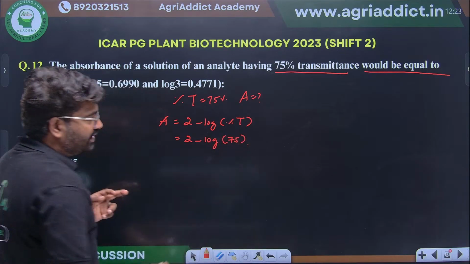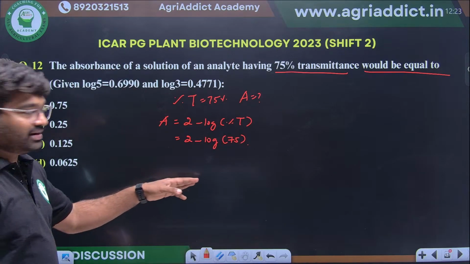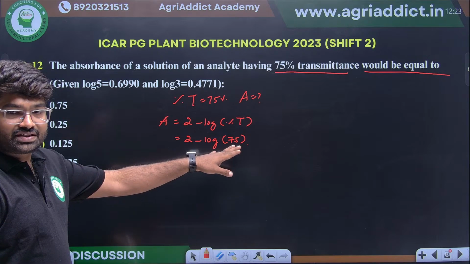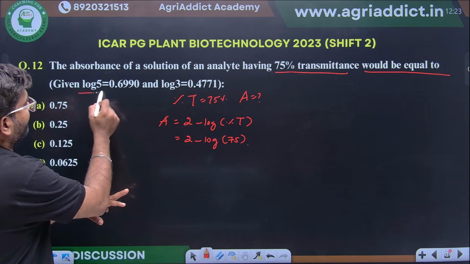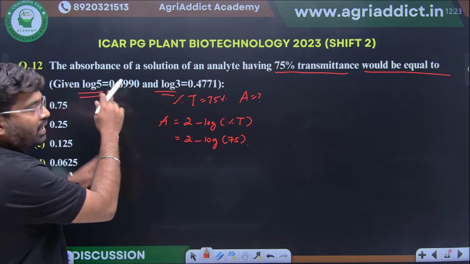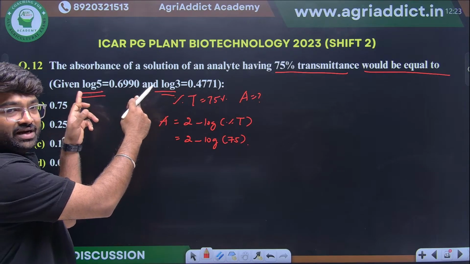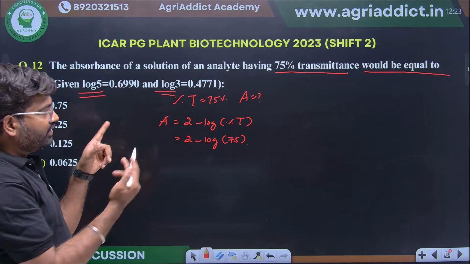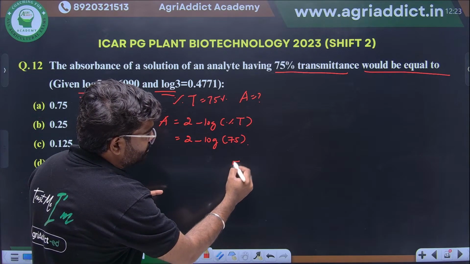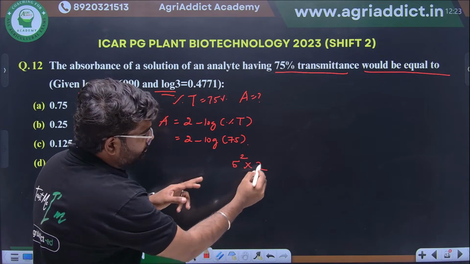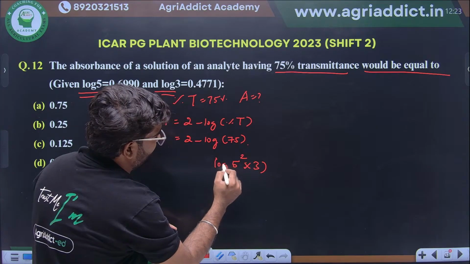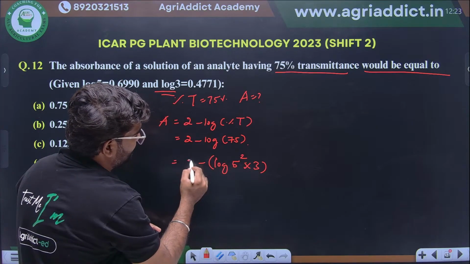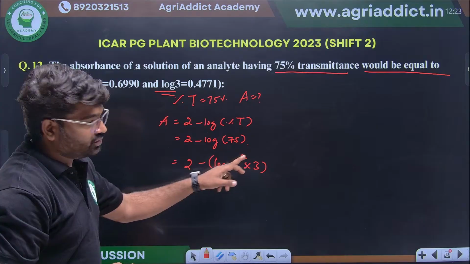But they didn't give the direct value of log 75; they have given it in an indirect way, 5 and 3. You have to multiply. We can write 5 squared, 25, into 3 is 75. I am just simplifying: 2 minus log of 5 squared into 3.